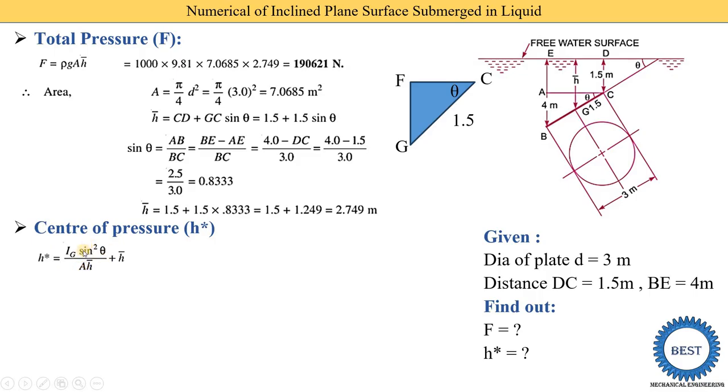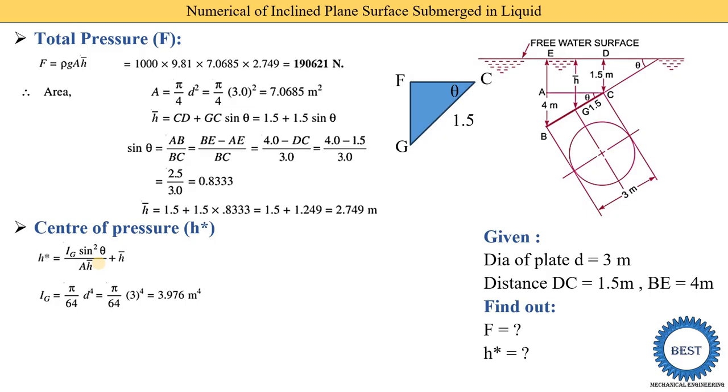So what is Ig? Here we know the value of sine theta, 0.833. Area we know, and h bar we know. So Ig is the unknown parameter in this equation. First we need to find Ig, the moment of inertia about the point G. Here the plate is circular, and the equation of Ig is different for different shapes.